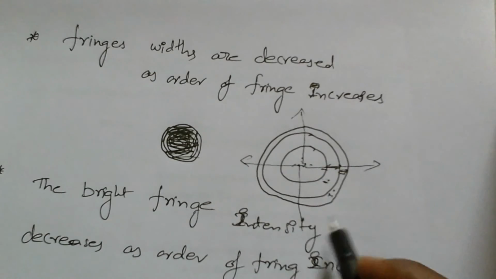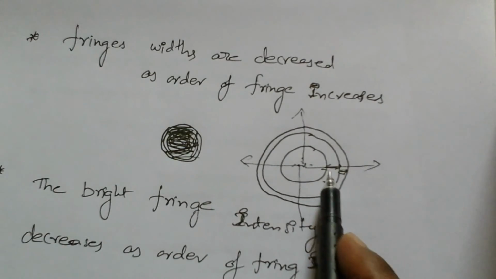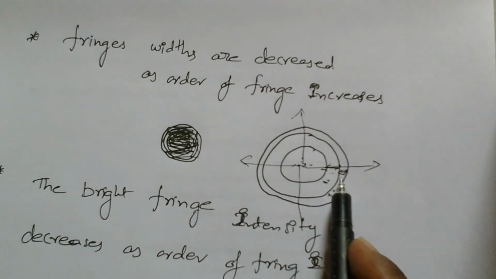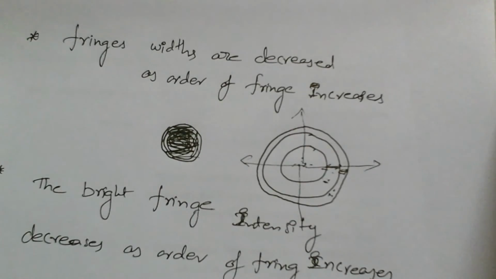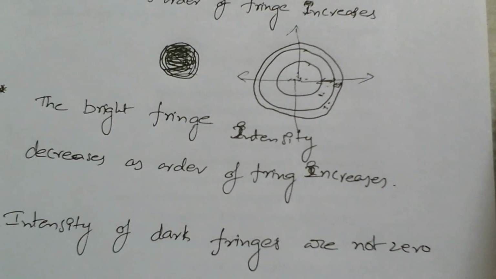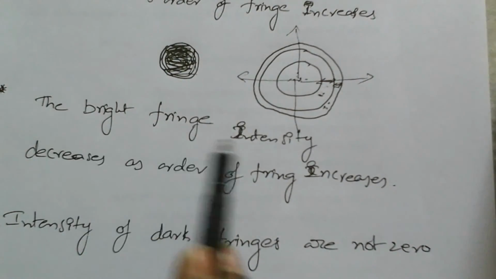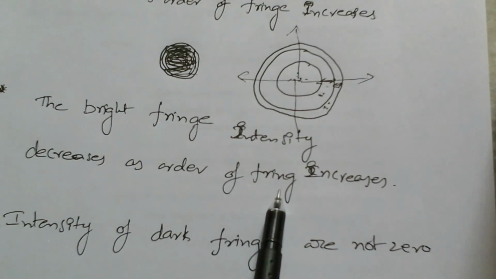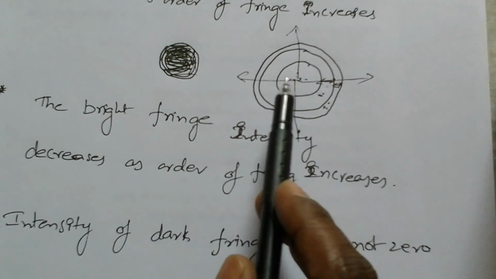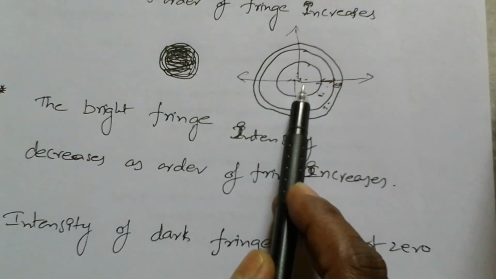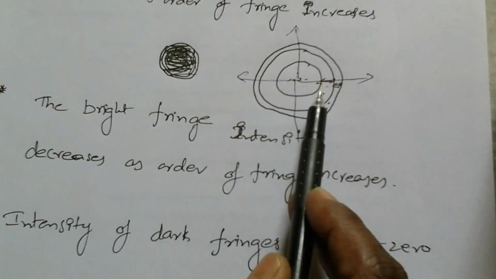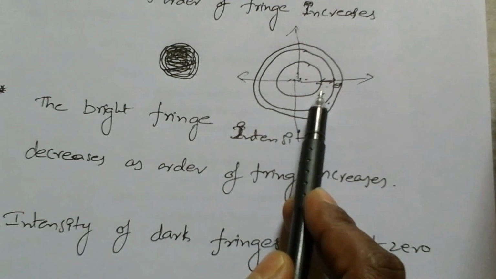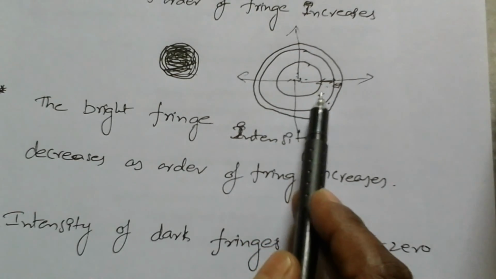And the bright fringe intensity decreases as the order of the fringe increases. See, the central bright fringe is more bright, the next is less bright when compared to the central one, and again less bright.